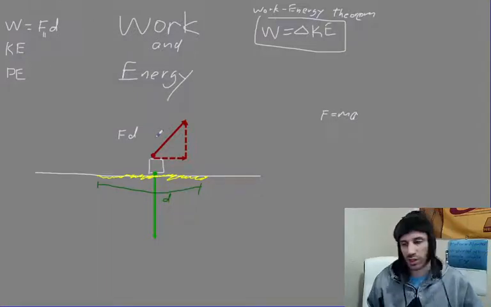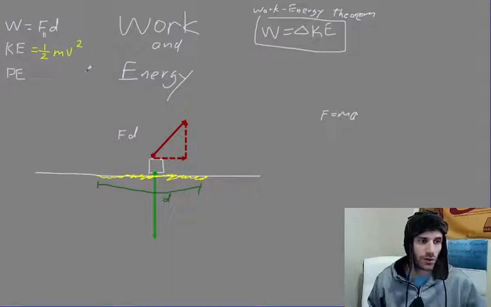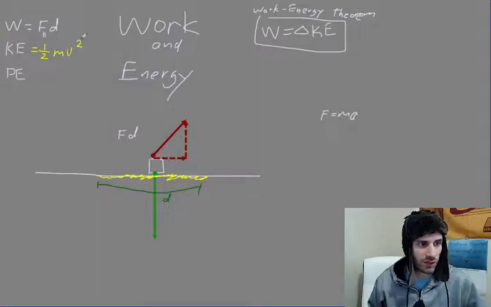So let's look a little bit more specifically at what kinetic energy is. We have an equation for that. Let's go ahead and express what that is. Kinetic energy is equal to 1/2 mv squared. So the mass of the object times its velocity in meters per second, squared.